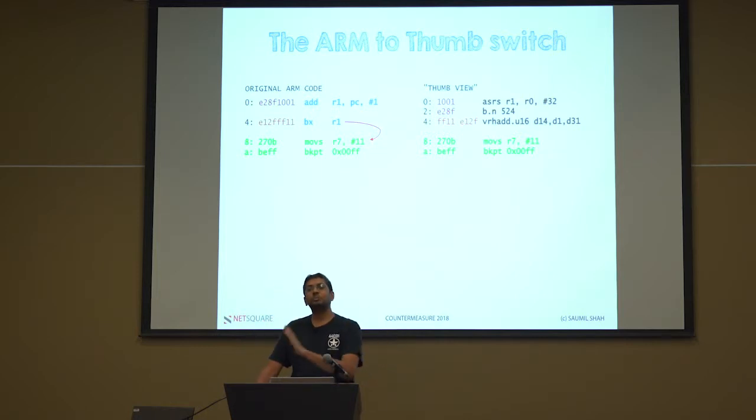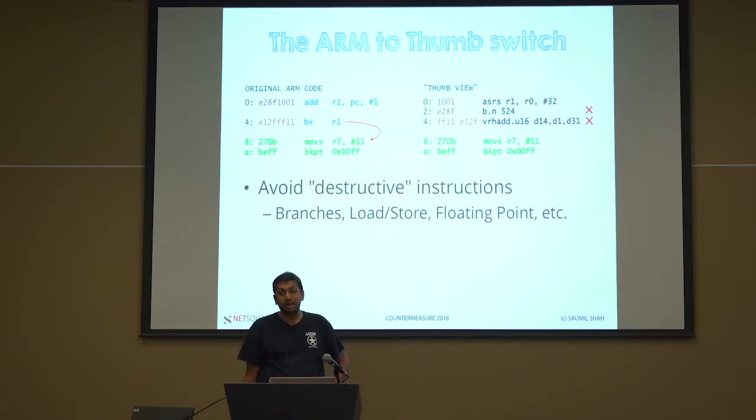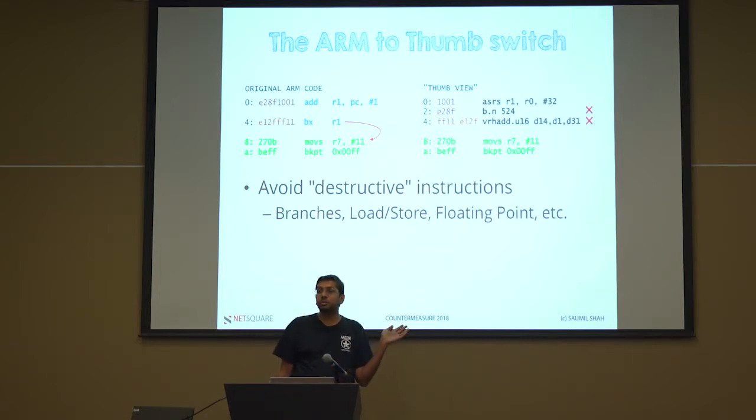So now when you're doing this polyglot stuff, you want the good instructions to stay through. This one's a good instruction. The ASRS, arithmetic shift right, no problem. I can live with that. Doesn't destroy me. But the destructive ones are the branch instructions. They'll transfer my program control, screw me up. Can't have a branch. This vector horrible instruction, I don't want that either, because I don't know what it does.